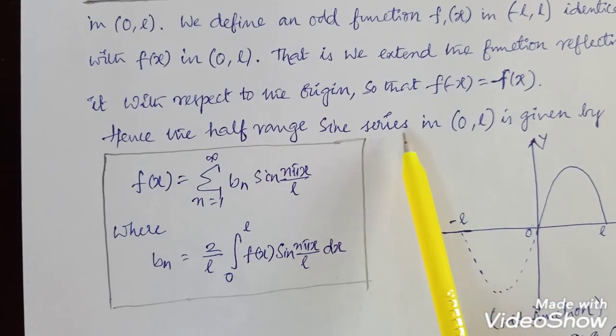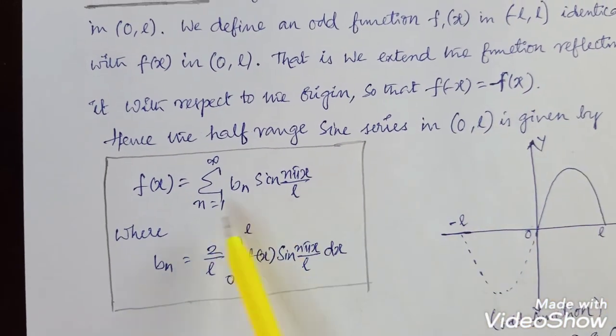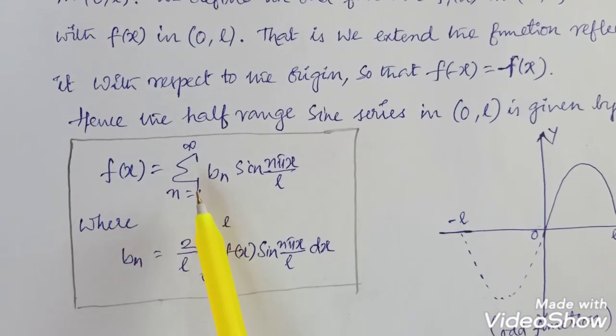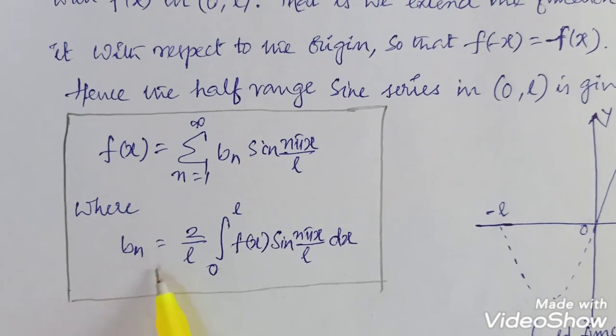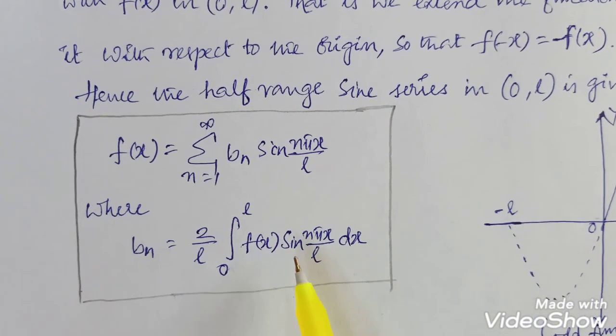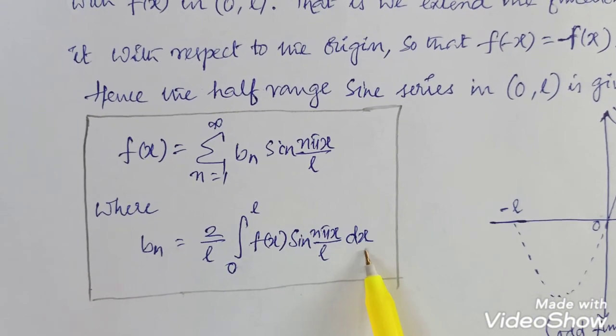Hence the half range sine series in 0, L is given by f of x equal to sigma n equal to 1 to infinity b n sin n pi x by L, where b n is equal to 2 by L integral 0 to L f of x sin n pi x by L dx.